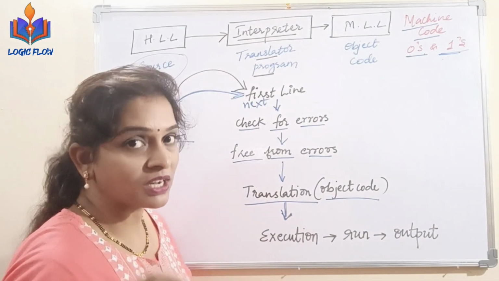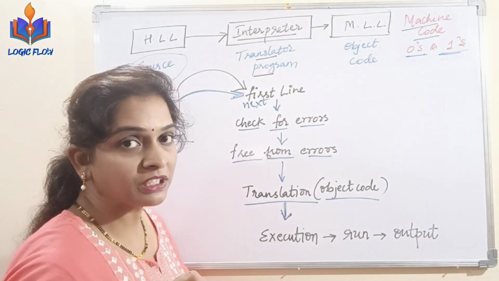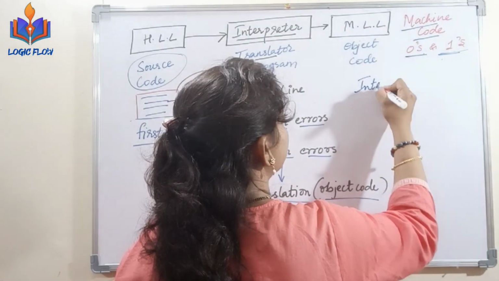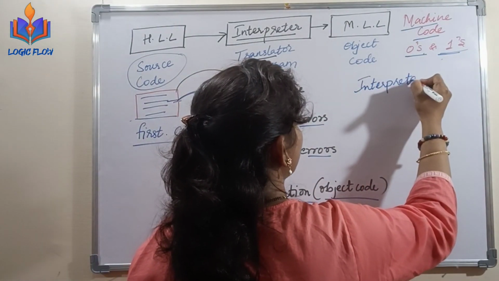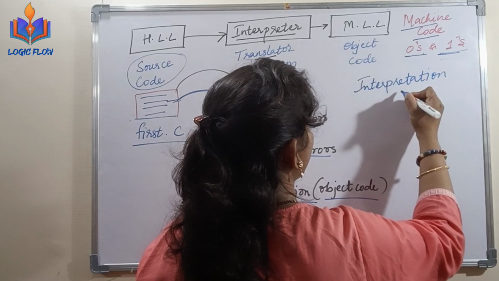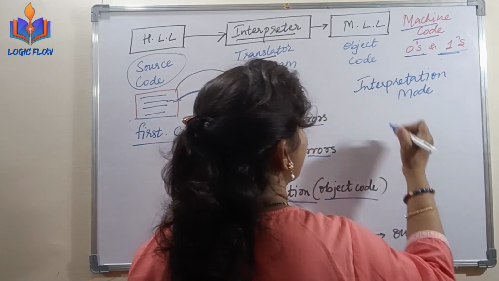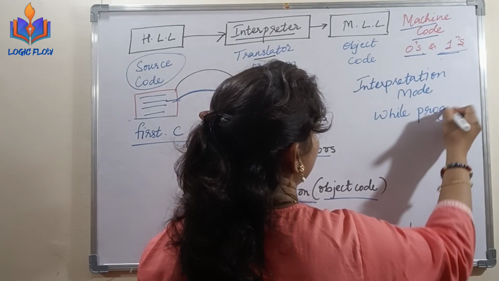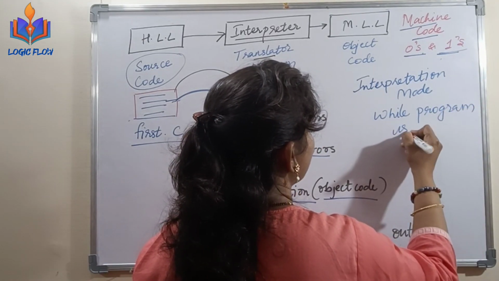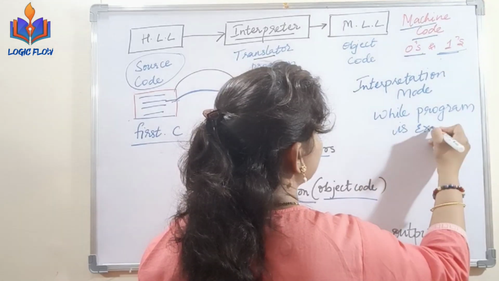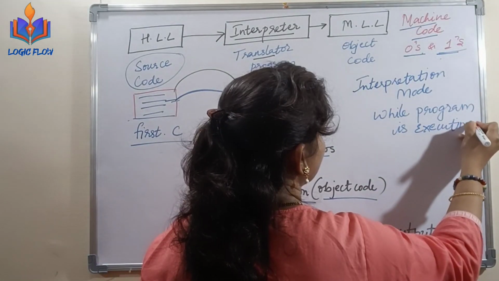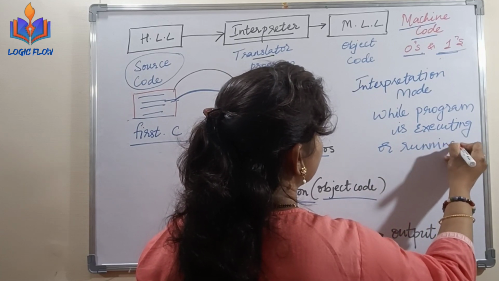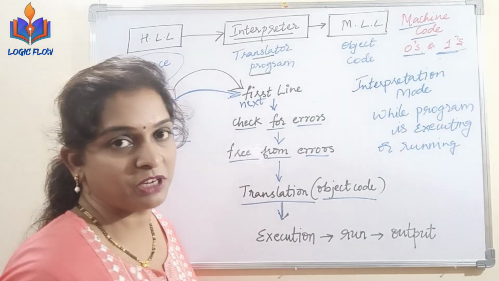So overall, what I can say is the interpreter runs in one mode, which is interpretation mode. In the interpretation mode, while the program is running, while the program is executing, it does the interpretation work.